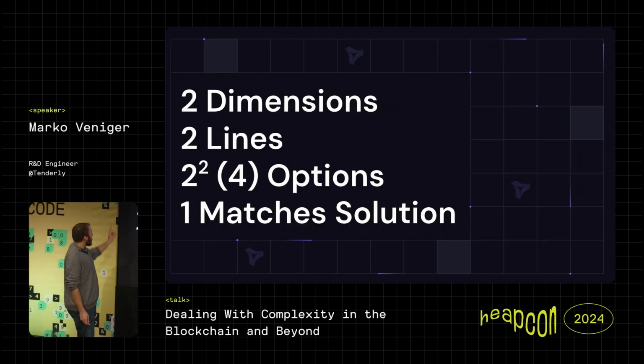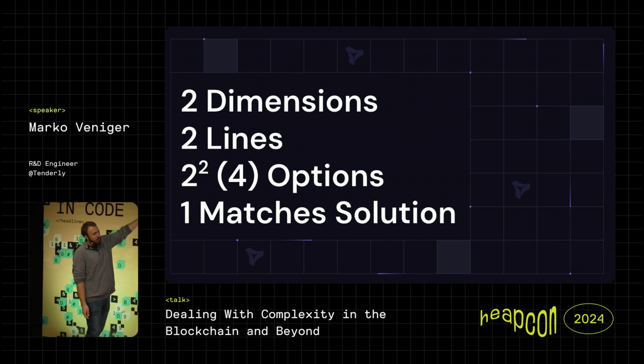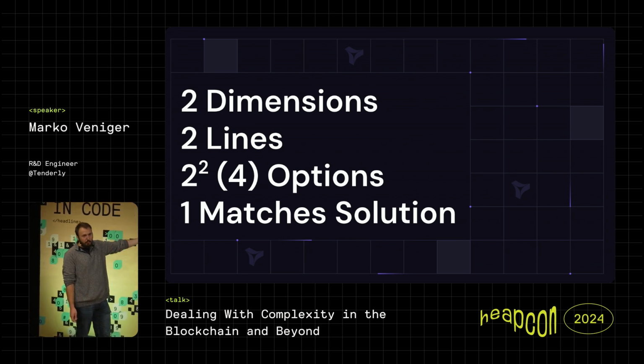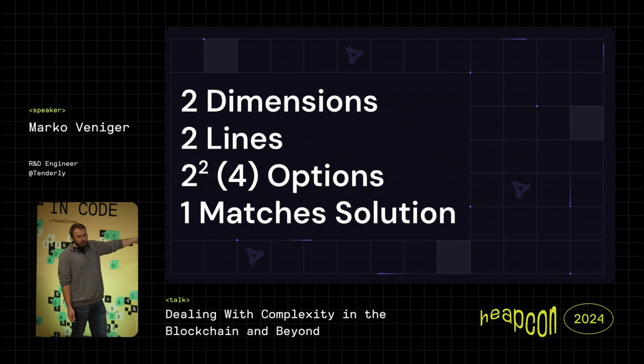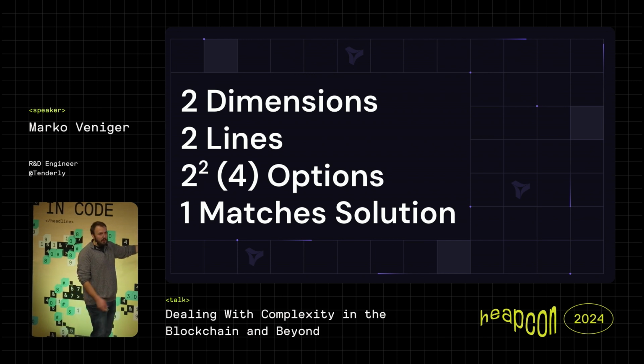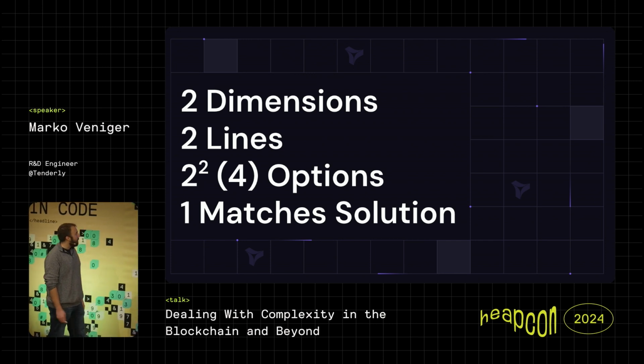So we have 2 dimensions, which have to have 2 lines to be created, which is 2 squared, which is 4 options, which is what result? 1/4, which is 25%, right? The same that we got from the area approach.